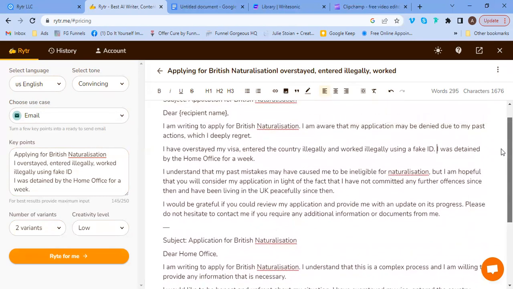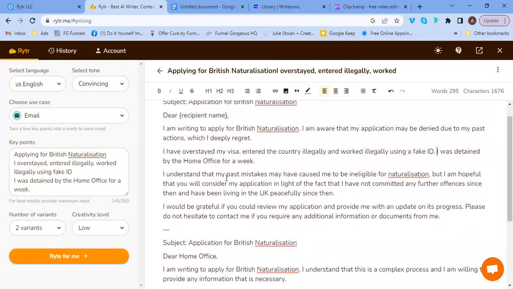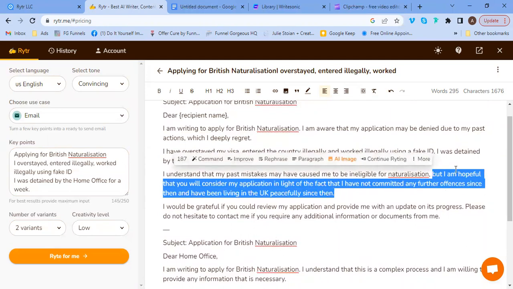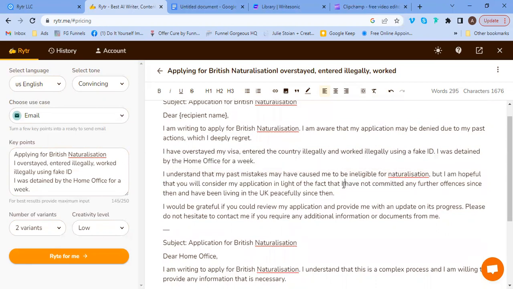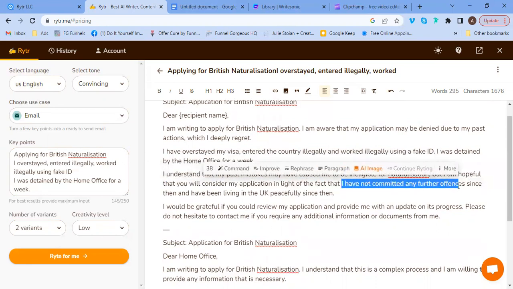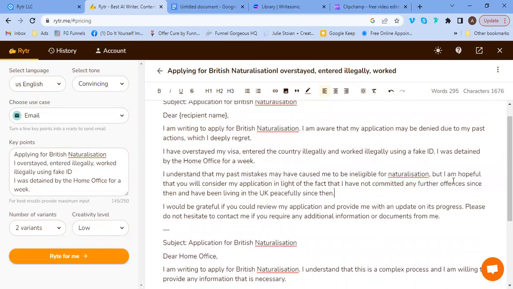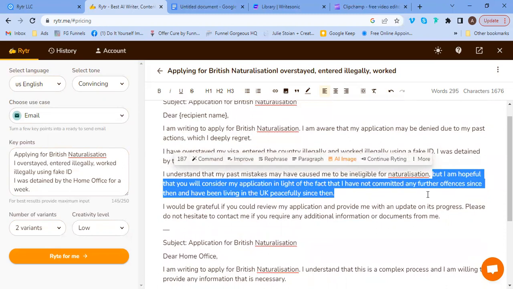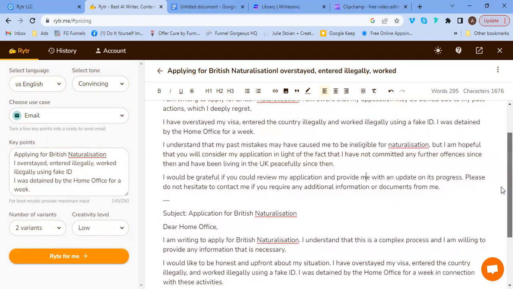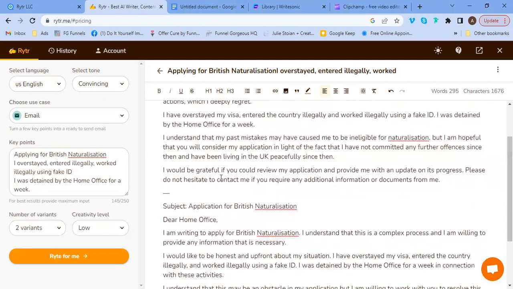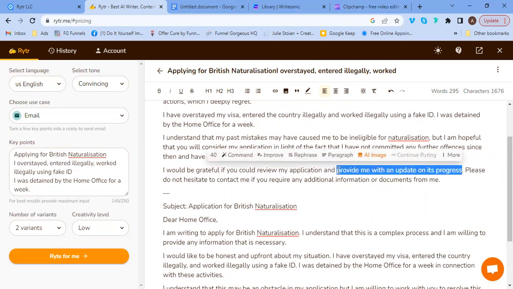Okay, for this one, I would delete this part and choose this one: "I am hopeful that you will consider my application in light of the fact that I have not committed..." If you have not committed any further offenses, then this is a very good sentence here. And you know that the Home Office doesn't actually update you of its progress, so you just say, could you review my application?